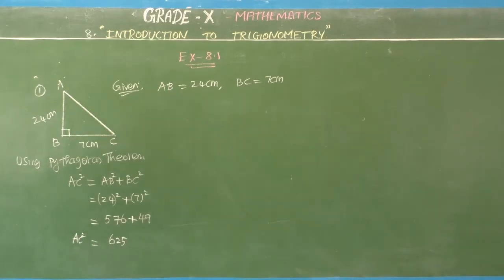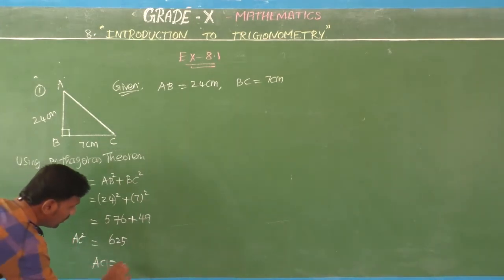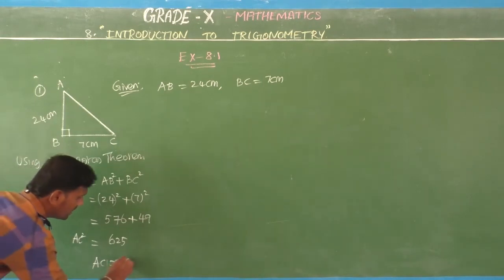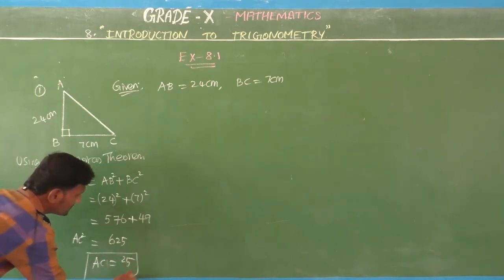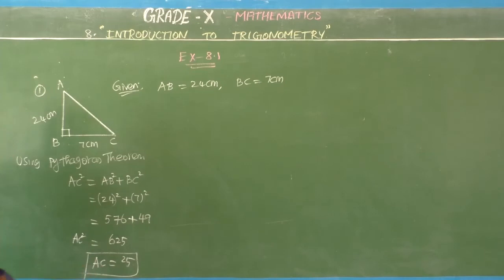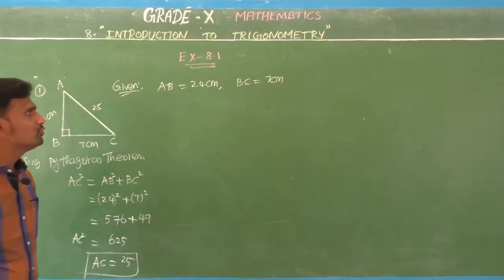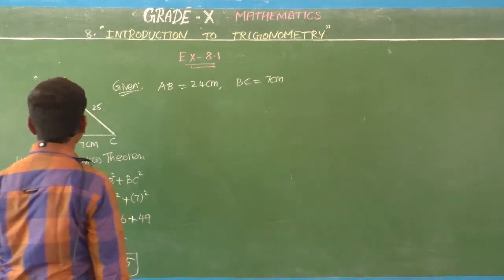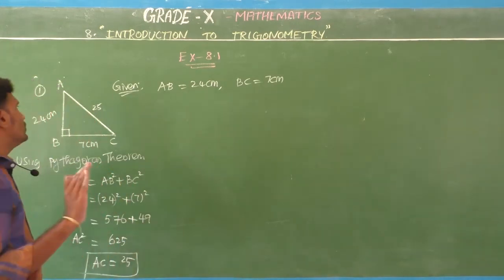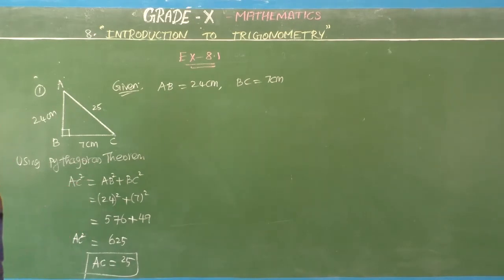So AC square is equal to 625 and we want to take the value of AC. AC means take the square root of this. What is the square root of 625? 25. So finally I found the value of the hypotenuse also. Now what are they asking? Find sin A and cos A.